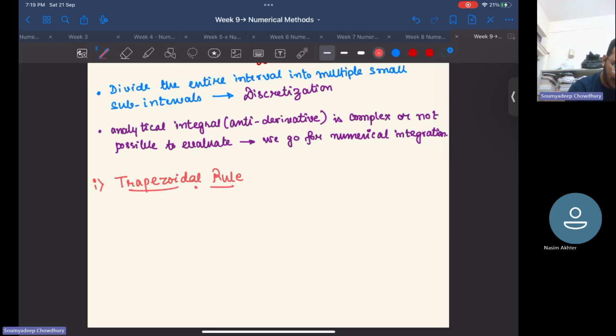So what is the trapezoidal rule? First you need to understand the assumptions we are making here. This is applicable only for a first degree polynomial, a first degree polynomial, right?